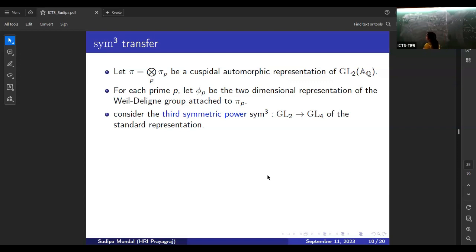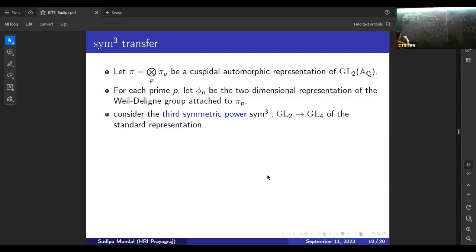So how do we get this symmetric cube? We take the standard representation of GL2(C), that is by left multiplication, then we do the symmetric cube transfer. It has a nice matrix representation, which I will not write. We do this composition with phi, then we get a 4-dimensional representation. Now we come back with the local Langlands correspondence. Maybe I should have written here for any n. I think you will understand. So this is a 4-dimensional representation.